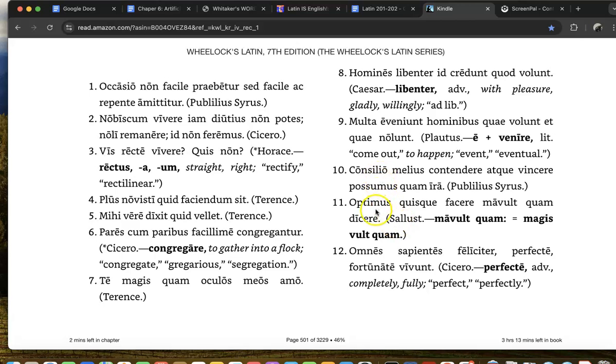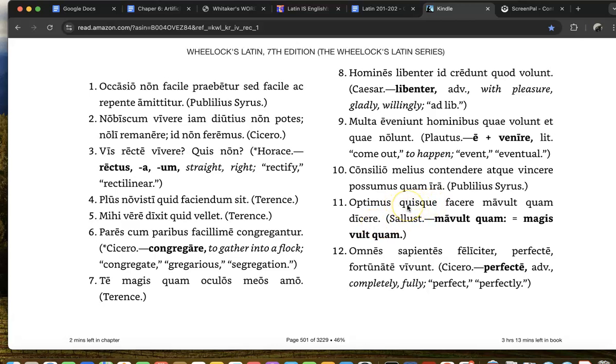So quisque means each person. So this one's tricky because we've got to figure out, okay, who's the subject, right? So I guess in this case, each person, I guess it is best that if each person does what he wants, then actually, let me see here.